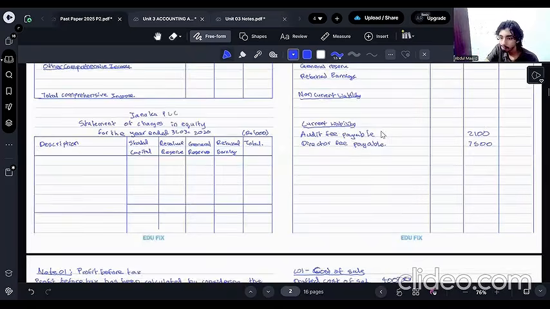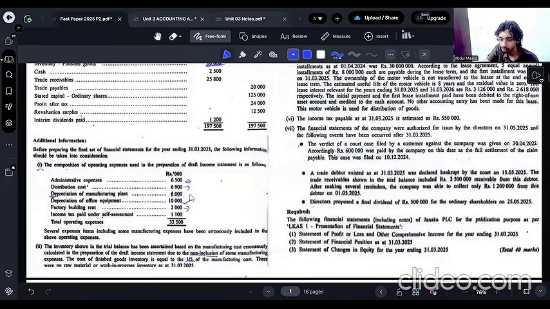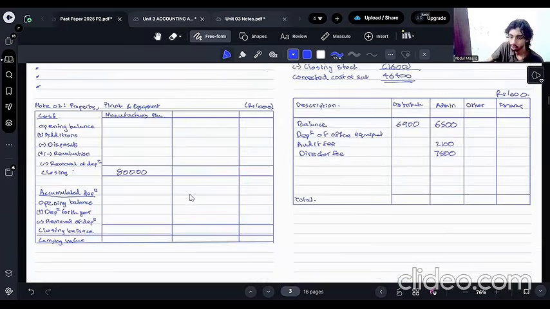Now the depreciation of the manufacturing plant for the year is 6,000. Okay, there won't be any opening balance because it's a newly started business. Now, when you're revaluing an asset, you will have to remove the depreciation, right? 6,000. You have to remove the depreciation. Okay, then here you can show removal of depreciation 6,000.